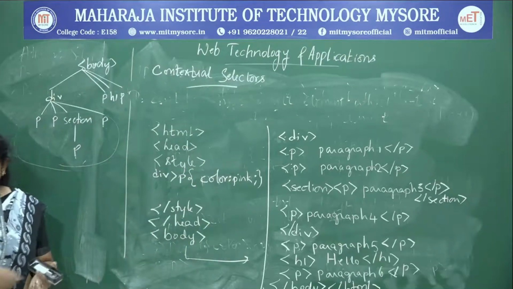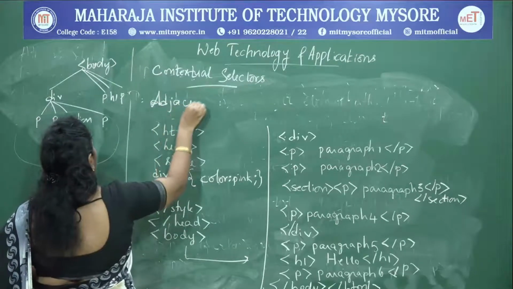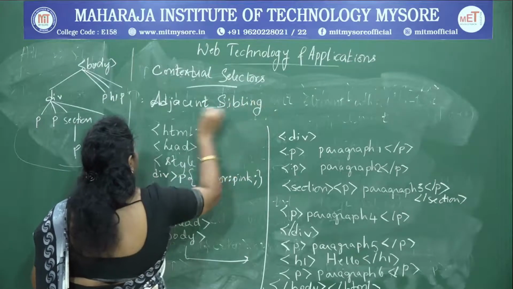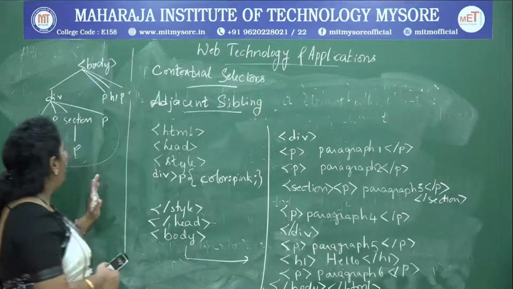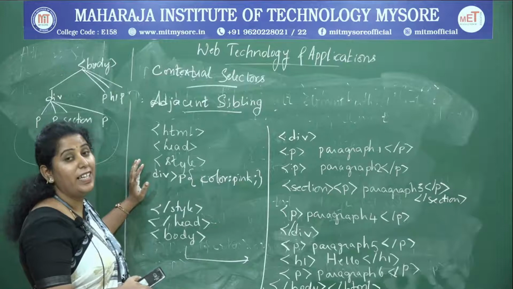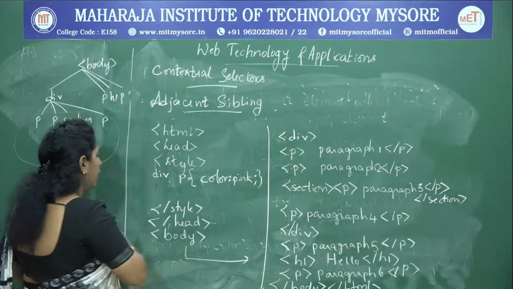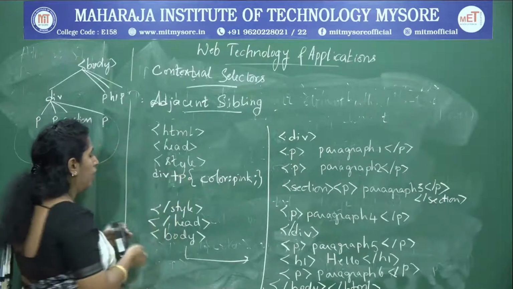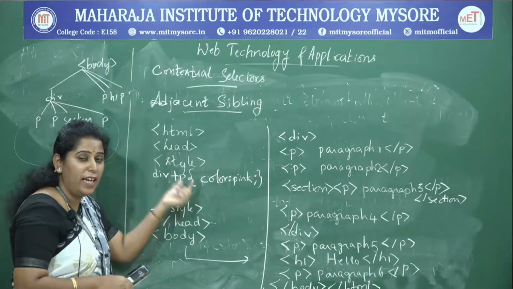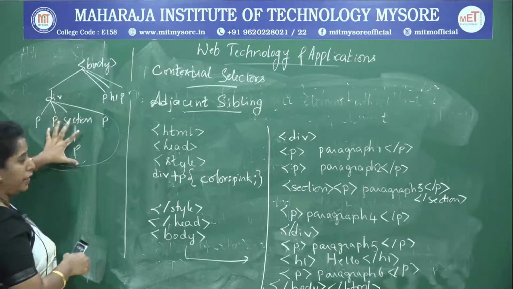So next, another type of selector is adjacent sibling. For adjacent sibling, a specified element should be the next adjacent sibling. Here the selector used is plus. For div, I have to style the next adjacent sibling, which should be P. Now you look into this documentary.